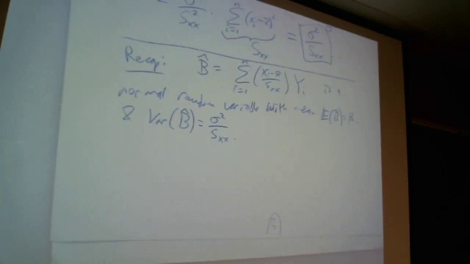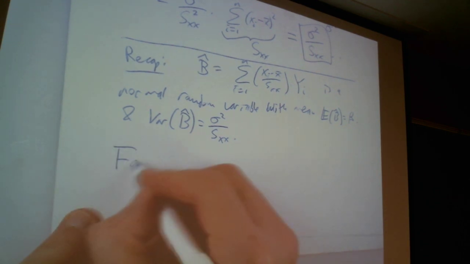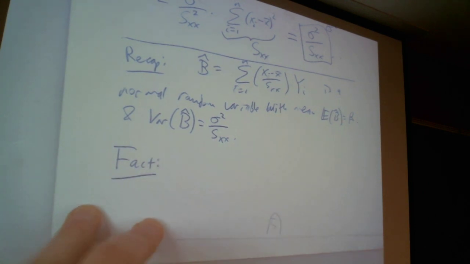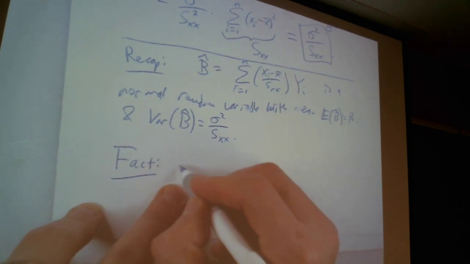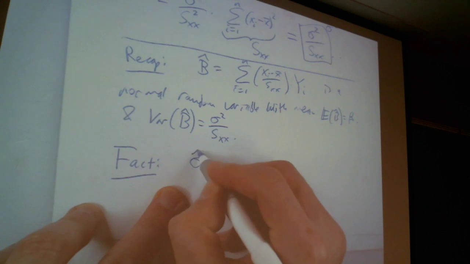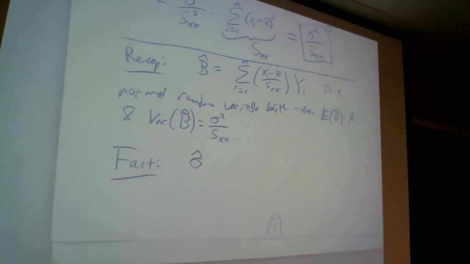All right. In the interest of time, let me state a fact whose proof is very similar to proofs of things that we've discussed already. When you look at this sigma hat estimator, remember what sigma hat was?